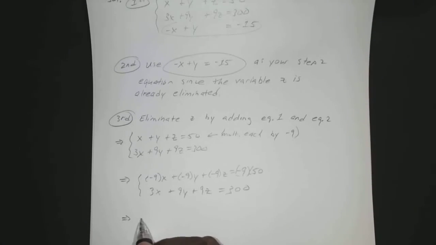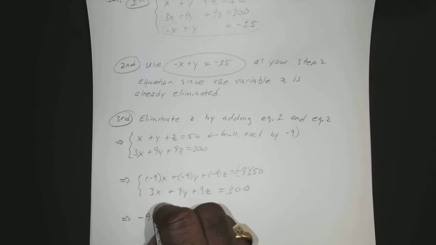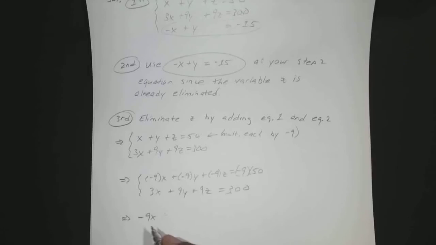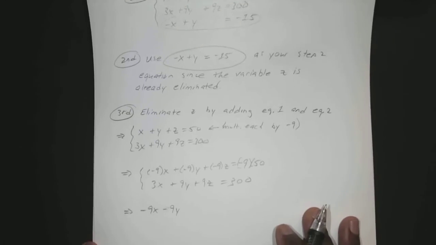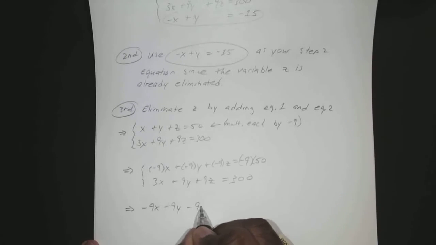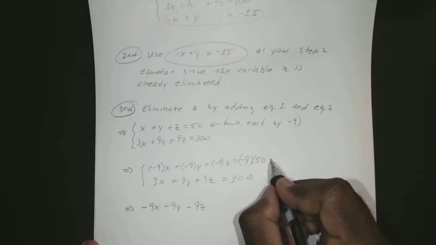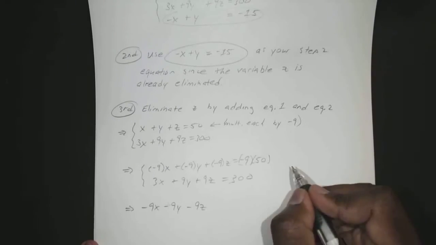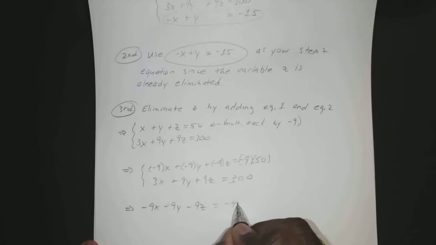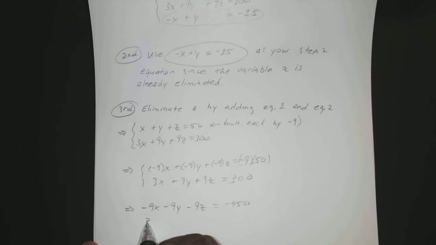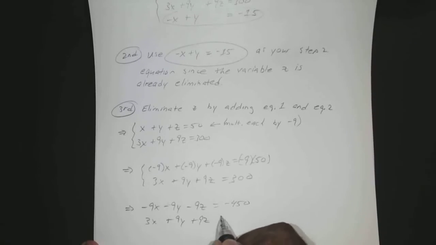So we have negative 9x minus 9y minus 9z equals negative 450, and 3x plus 9y plus 9z equals 300.